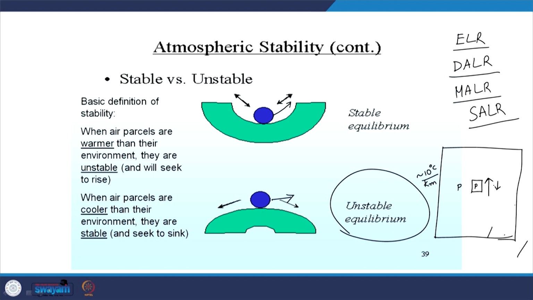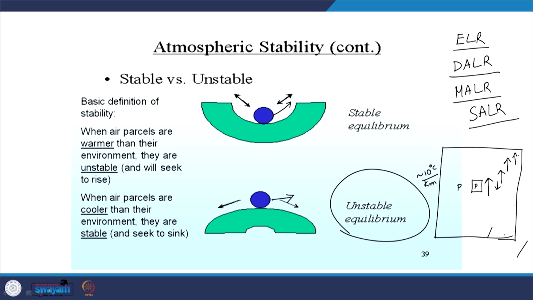If the air parcel does not return, or it just moves away continuously with time because of the smallest displacement that you have provided, then you call this particular type of stability an unstable atmosphere, right. So the stability can only be understood if you bring in the idea of temperature, right.